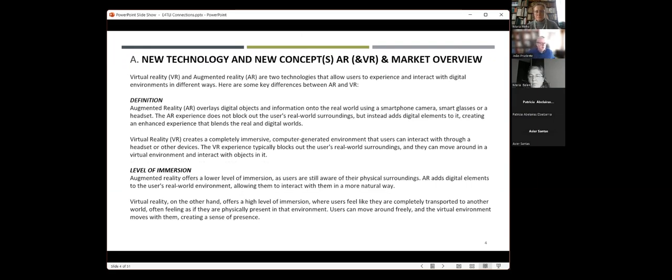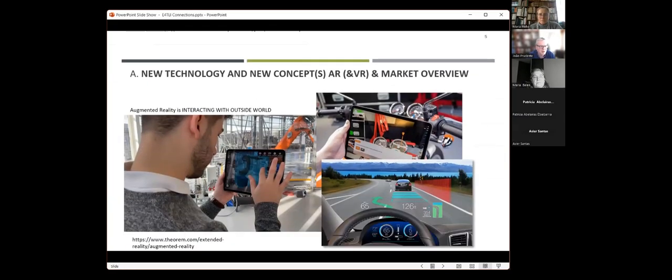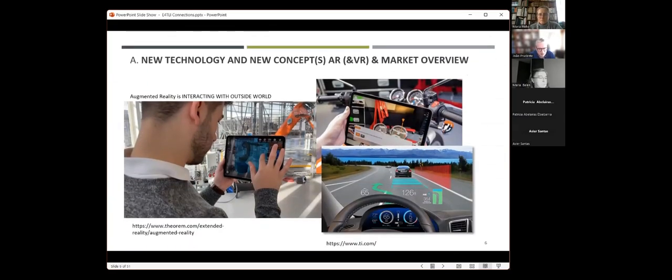All of the audience is into it. The most important is the level of immersion that we need to focus on. In augmented reality, we interact with the real world. We use augmented reality to interact with several tools.